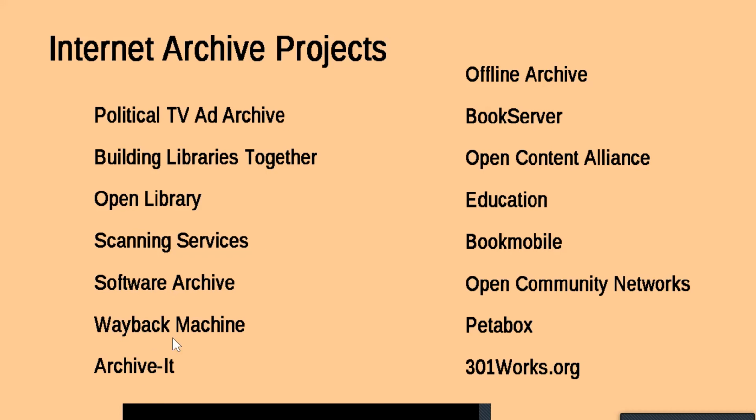They also are organizing an offline archive for places where people don't have internet. So they will take a section of their internet archive, maybe a certain topic, and package it up and put it somewhere in the world where the people could come and access it if they don't have the internet.